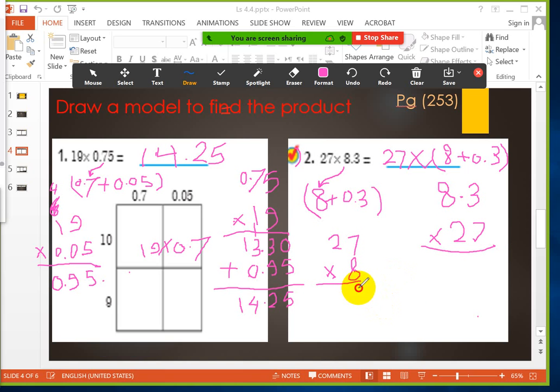So I will put 6 here and 5 above the 10th. 8 multiply 2 equals 16. 16 plus 5 equals 21. So I will put 21 right here. This is the first answer. So I will write it here. 216.